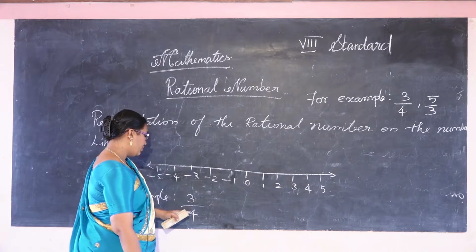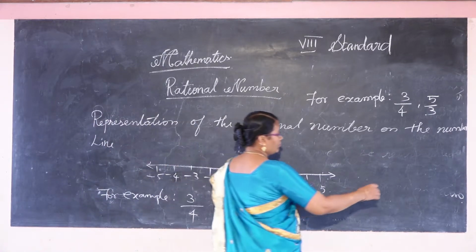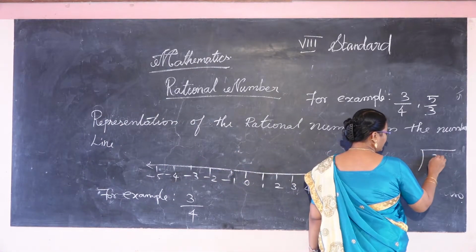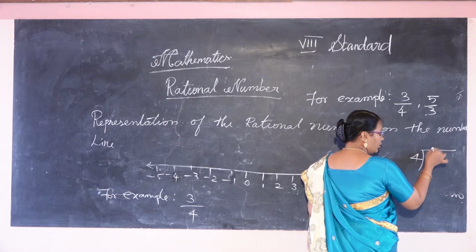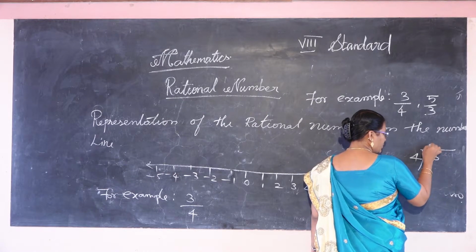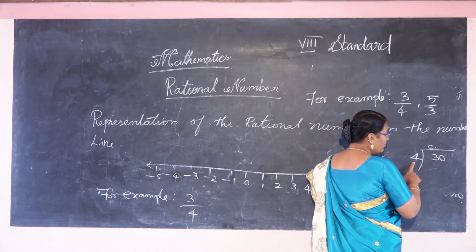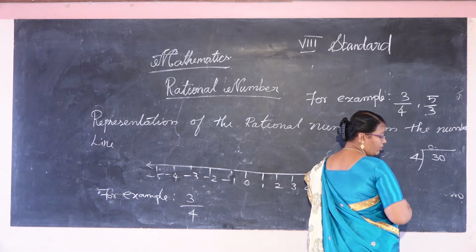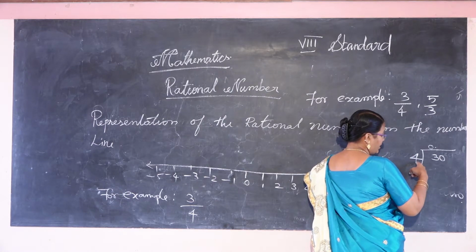So, what is the value of 3 by 4? Already you know the long division method, you can find out the value of 3 by 4. 3 divided by 4 is not possible, so put 0, add a decimal point, add 0 here. How many times? 4 6s are 24, 4 7s are 28.